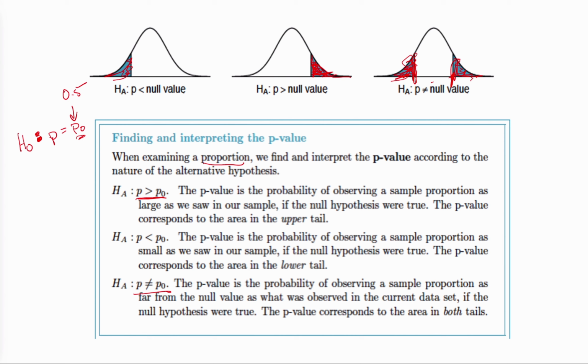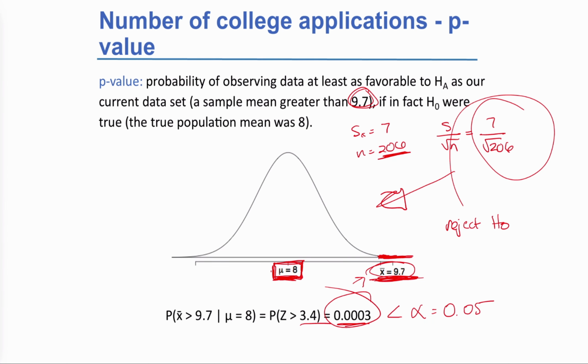So this is why it's important. One of the things in our procedure for a hypothesis test is to draw a picture, and this is why. Going back here, we got an x bar value that is greater than our null value. Our null hypothesis was that mu equals 8, so that would be the null value.